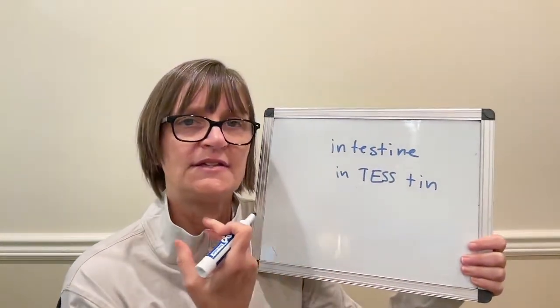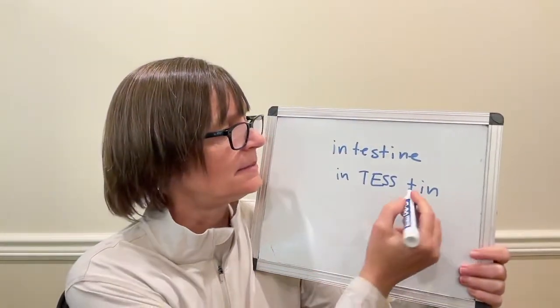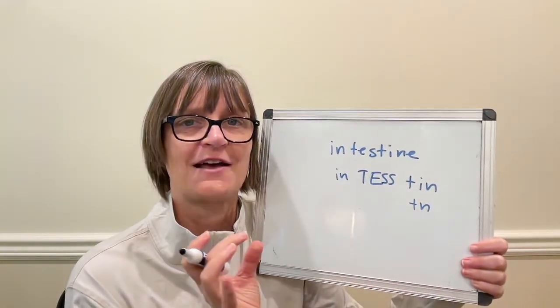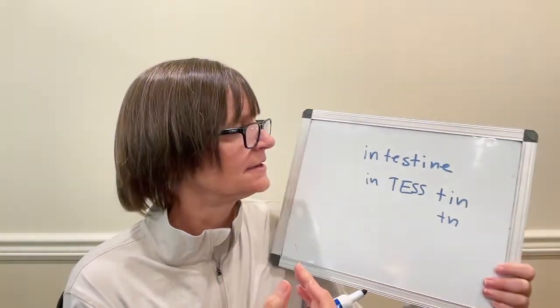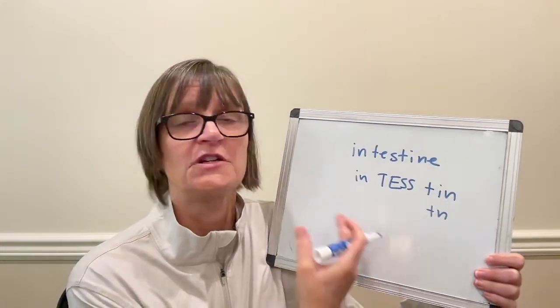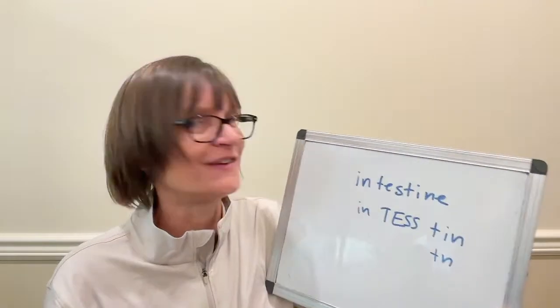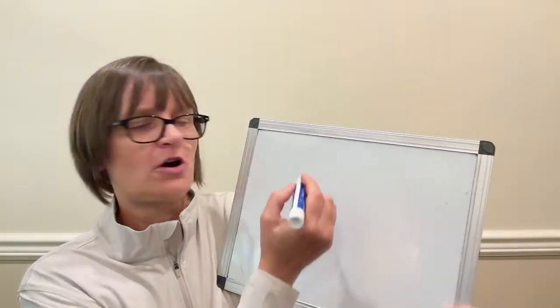And also in intestine, this vowel is pretty reduced. So we almost go right from the t sound to the n sound, intestine. It's an infection in the intestine. Good word. Thank you.